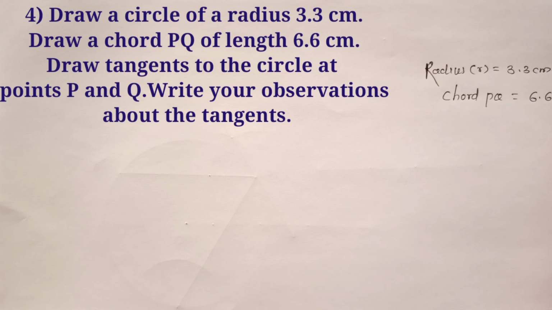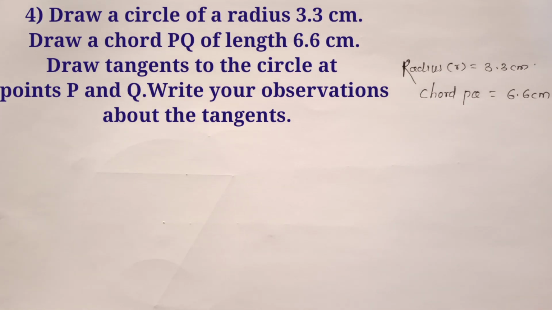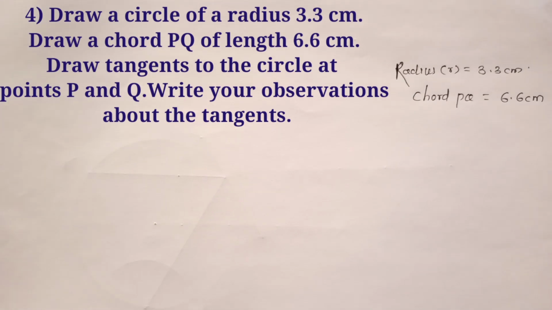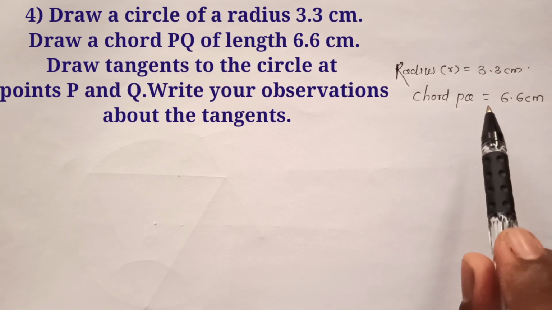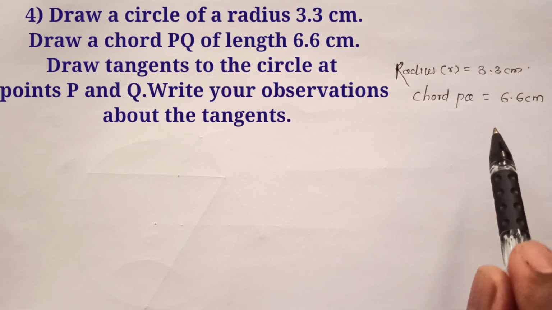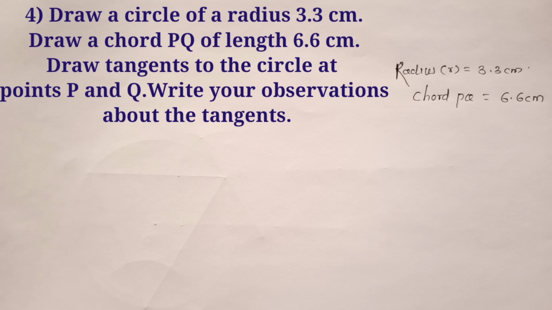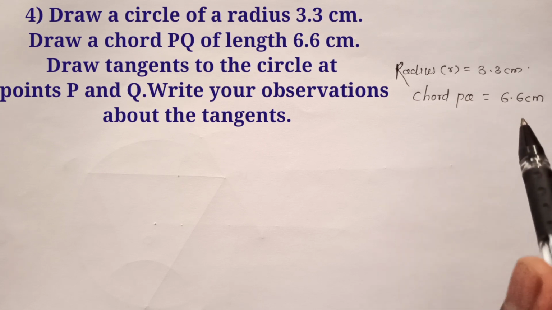Look at this, chord PQ is equal to 6.6 centimeter. Okay, so this chord PQ is nothing but a diameter of the circle. Why is this so? We know that a chord passing through the center of a circle is known as a diameter, and this chord PQ is nothing but a diameter of the circle.